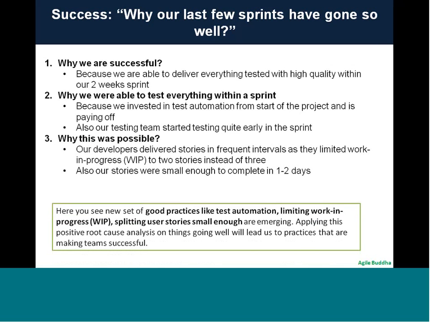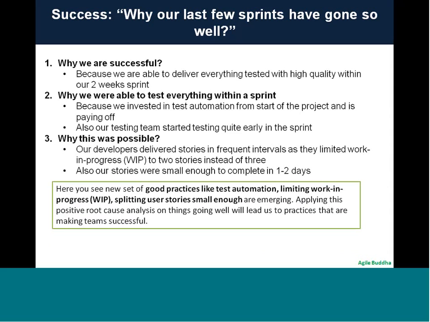Now you see here, you can even apply the thinking of 5 whys to understand what I call good practices that are happening within a team. For example, in this case, test automation, limiting the work in progress, or splitting the story small enough are different practices that are emerging out of this.